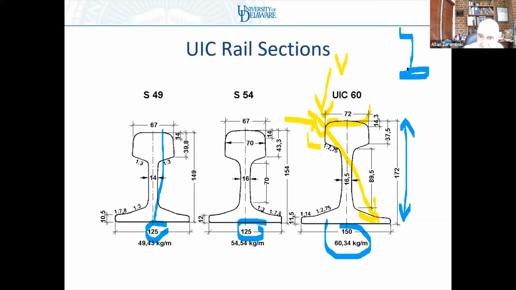Why? Do you know why we use an I-beam instead of a rectangular section in most construction? Because an I-beam is the most efficient design for giving you the maximum moment of inertia for the minimum amount of metal, and so for the minimum cost. And so by making the rail taller, it's much more efficient from a cost or amount of metal required point of view than trying to make the head much wider.